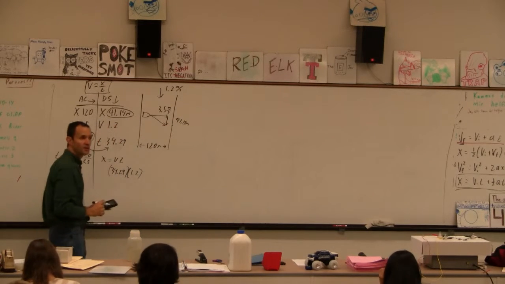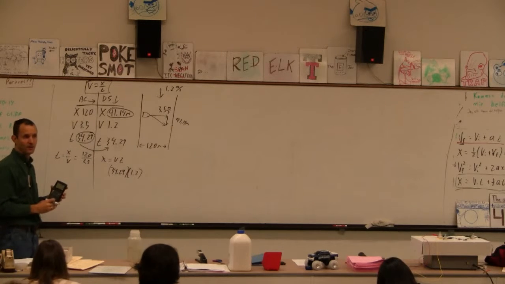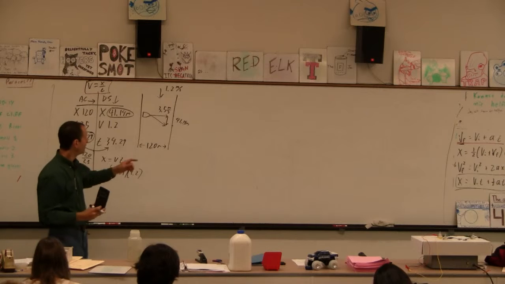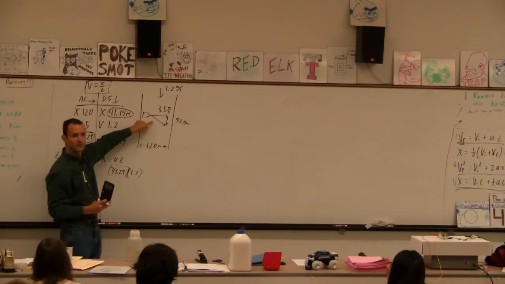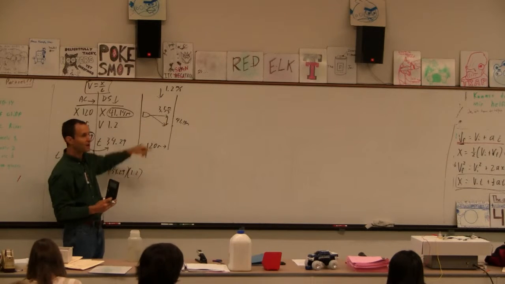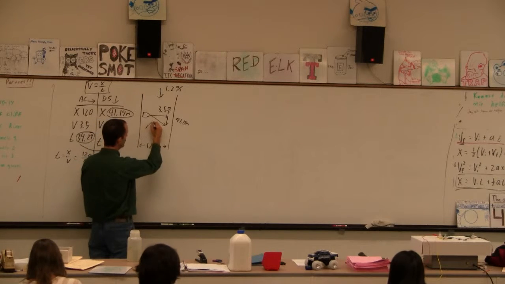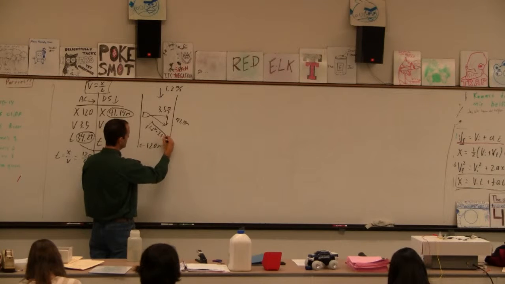So what's the speed? What is our actual speed as a combination of the current and our own velocity? How would we find the speed? Using a coded term here, also known as the hypotenuse of the velocity vector, right? What is that? Figure that out. Figure out that hypotenuse. It's going to be the square root of 1.2 squared plus 3.5 squared.